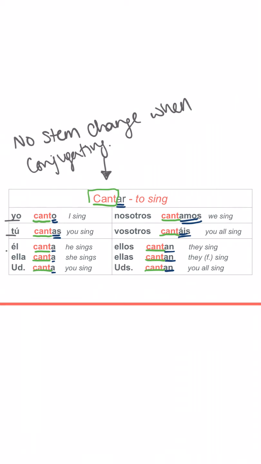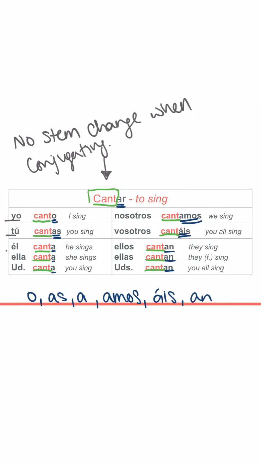Now for me personally, I like to put things to a little melody. I like to see a pattern or kind of feel it a little bit. So there's a little ditty that I sing to myself and have for years in order to remember my verb endings in the proper order. And it's just this. It's simply o, as, a, amos, áis, an.